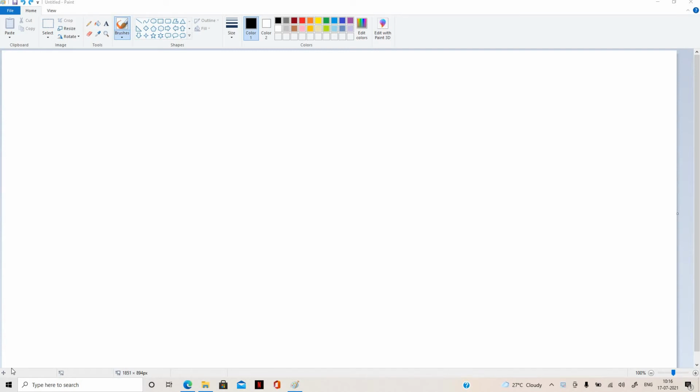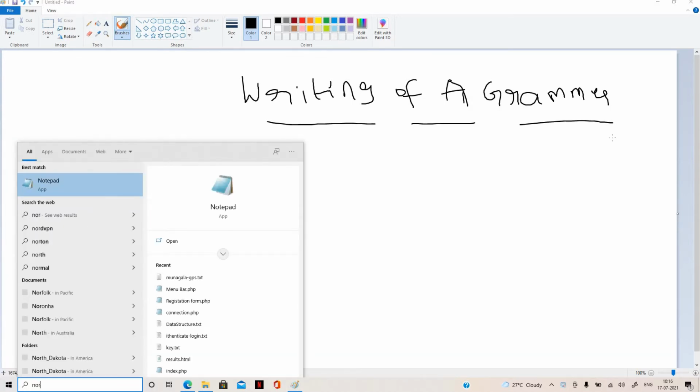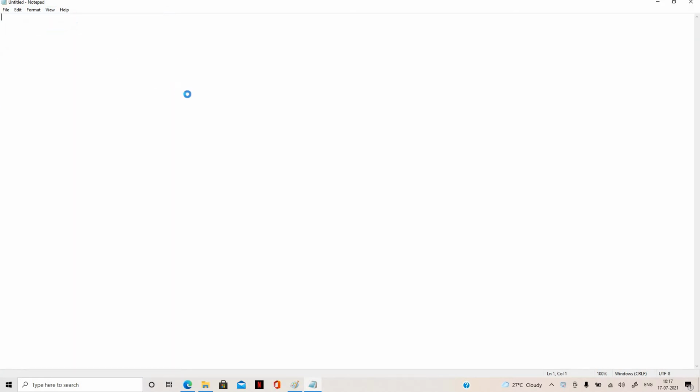So today we'll discuss writing of a grammar. So when it comes to writing of grammar, so here, grammar is capable of describing most of the syntax of programming languages.